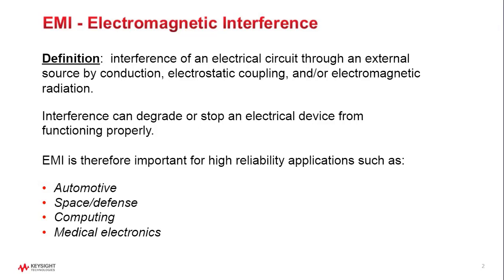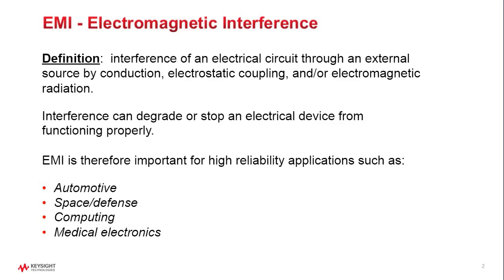So from that perspective, I wanted to make sure I have an understanding of what we're talking about with regards to electromagnetic interference. There's an aggressor, something that is generating the interference, and then there's a victim.